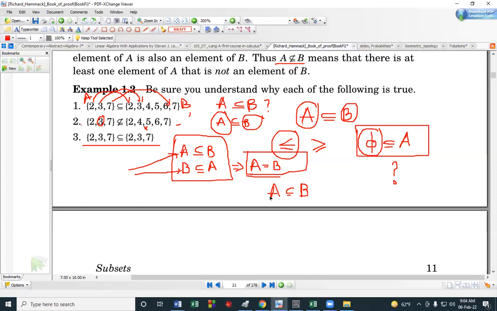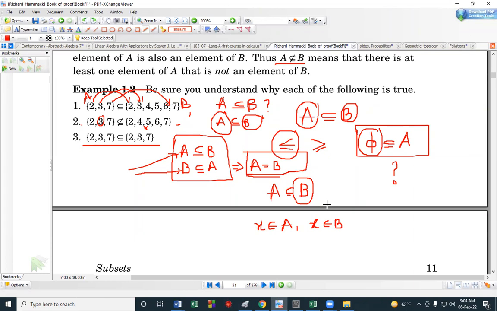We are saying the definition of a subset is something like this. Each element of this set A is an element of this set B. Whenever x is in A, x is certainly in B. Then A is a subset of B. This is our definition of subset.